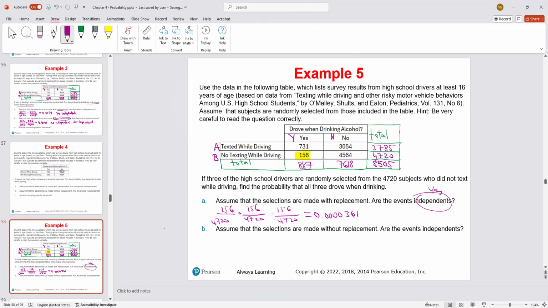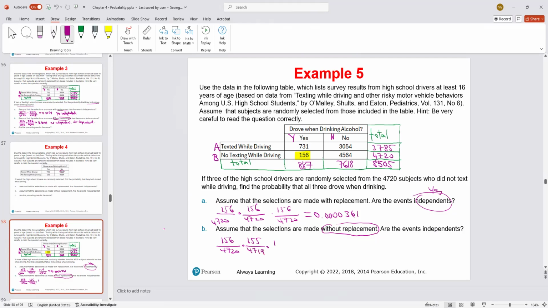Now, for the second one, they said without replacement. Remember, without replacement, all three: 156 out of the 4720 times. Would we take 156 again? No, we're going to go 155, because we didn't replace the first one, out of 4719. You do good.